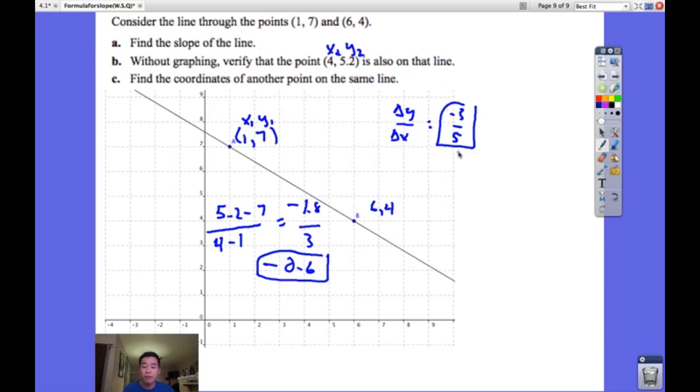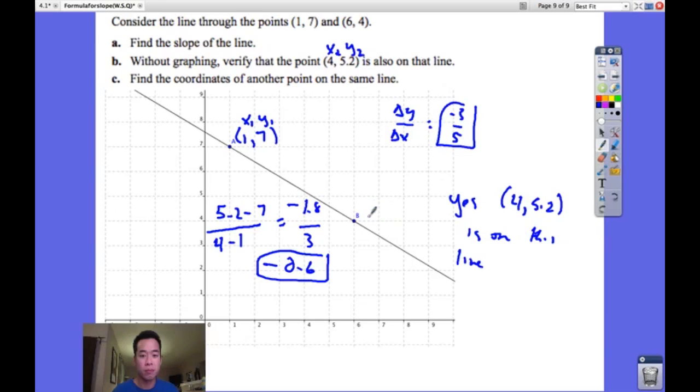So which means both decimal values are the same, which means I can simplify this down to negative 3/5. So because both give me a decimal value of negative 6/10, you will say yes. 4 and 5 and 2/10 is on this line because they both have the same slope.